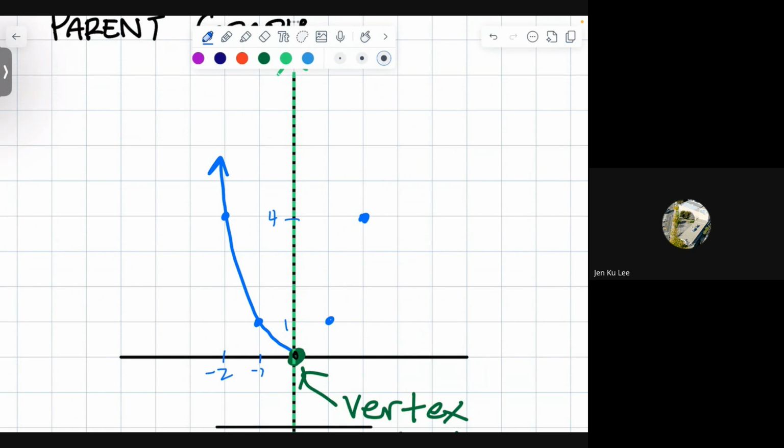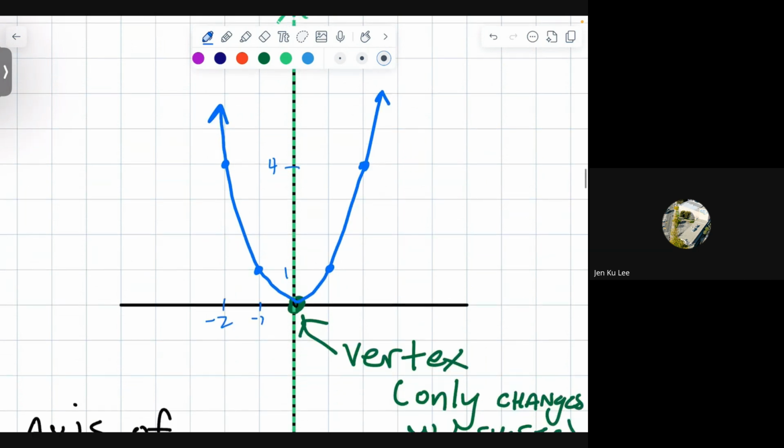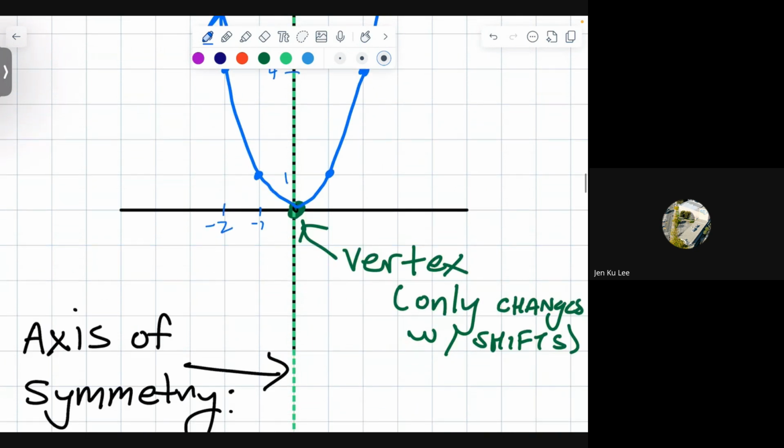If I erase the right-hand side and then add it back, this side should be the mirror image of your left-hand side if you fold it along your axis of symmetry. The equation of your axis of symmetry is x equals 0.